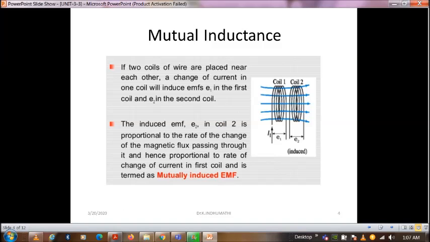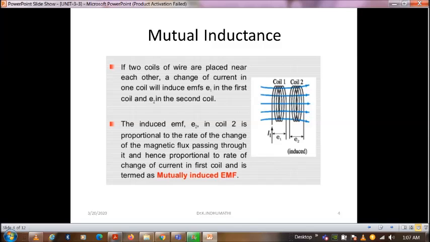To find mutual inductance, we have to consider two different coils placed mutually over a certain distance between them. If two coils of wire are placed near each other, a change of current in one coil will induce an EMF in the first coil and an EMF E2 in the second coil.